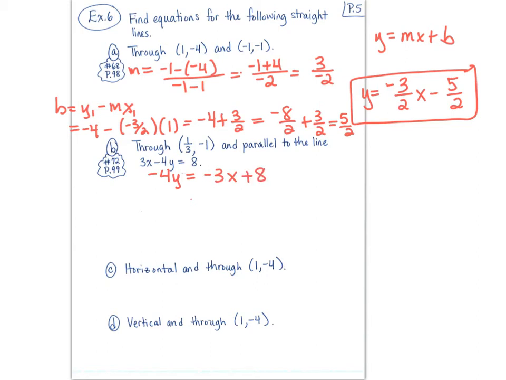Now divide both sides by negative 4. So that means that y is equal to negative 3x over negative 4 plus 8 over negative 4, or in other words, 3/4 x minus 2.